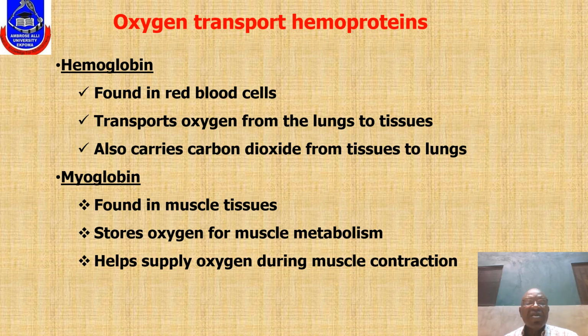As mentioned earlier, they are found in hemoglobin and myoglobin. In hemoglobin, they play the role of transport of oxygen from the lungs to the tissues, as well as transporting carbon dioxide from tissues to lungs.